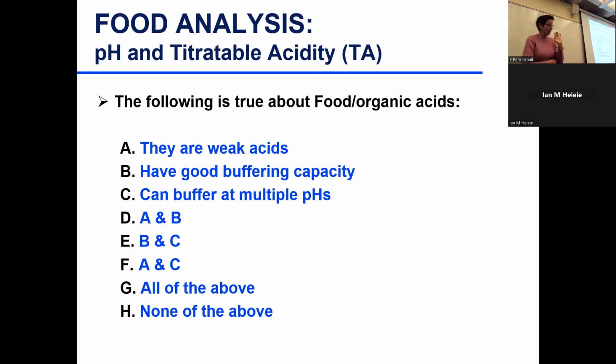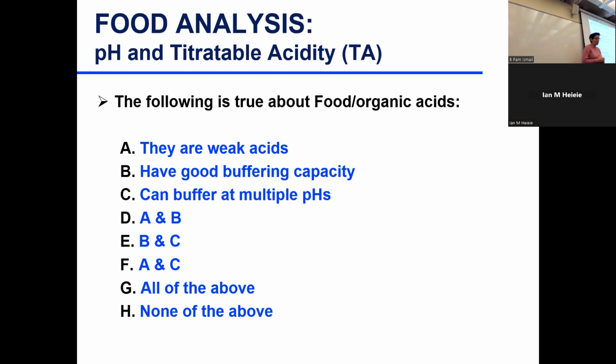So basically, the carboxyl groups are the groups that are going to give you your protons. They have different dissociation constants, so they will dissociate at different pHs. If you have multiple carboxyl groups, then the acid buffers at multiple pHs based on the pKa of each carboxyl group.